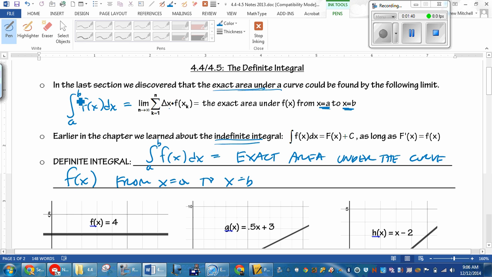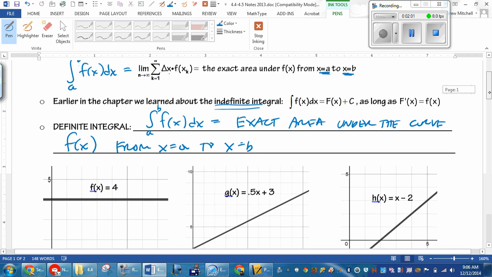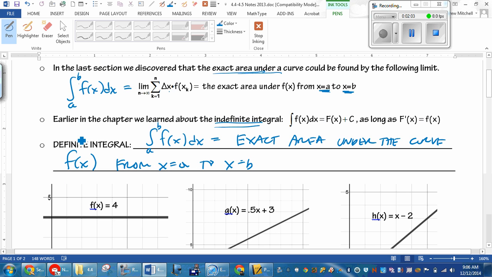Alright, that integral, remember how it looks like an S? Well, this is a sum, right? So there's a little bit of connection there. I don't know if that was on purpose or not, but this is actually like the limit of the sum of all those areas of the rectangles. We'll talk a little bit more down the road about how to evaluate definite integrals, but right now we're just talking about the connection that those definite integrals represent the area under the curve.